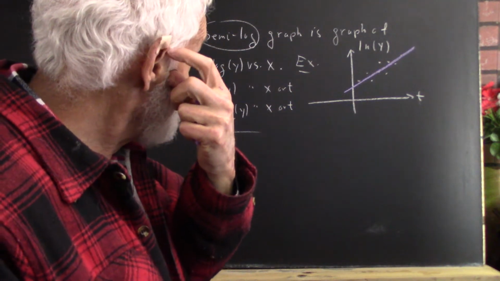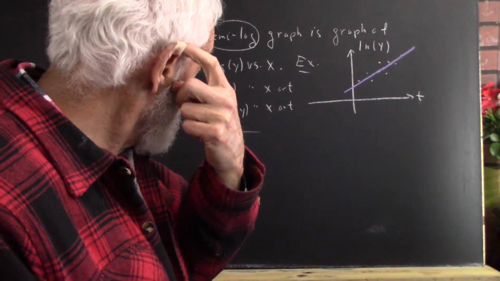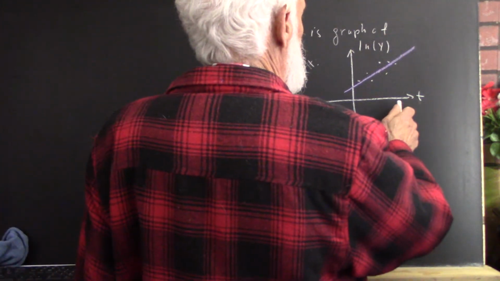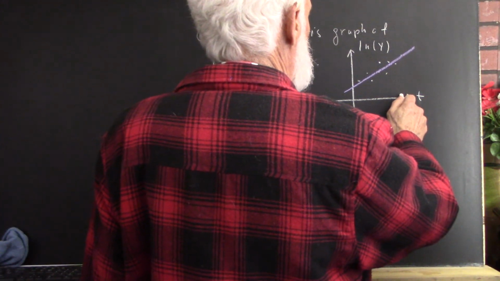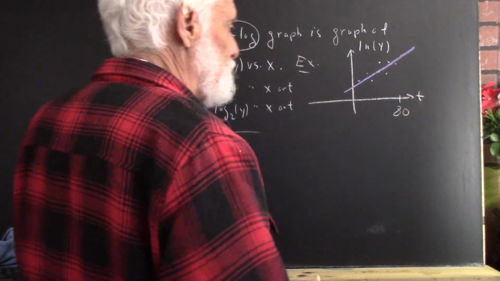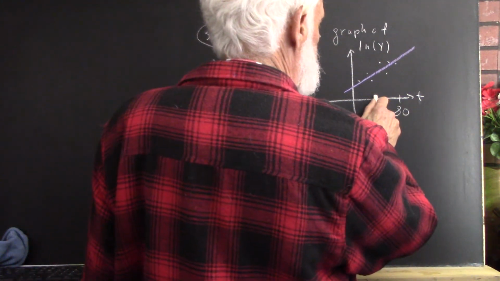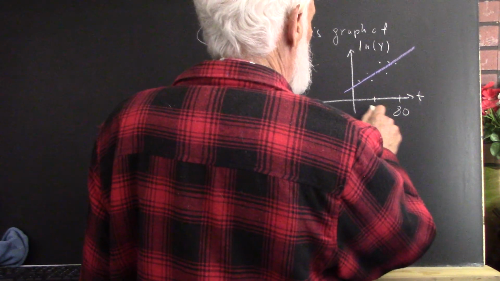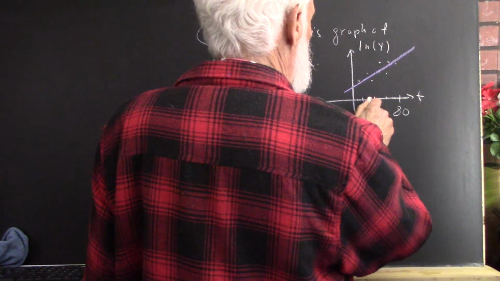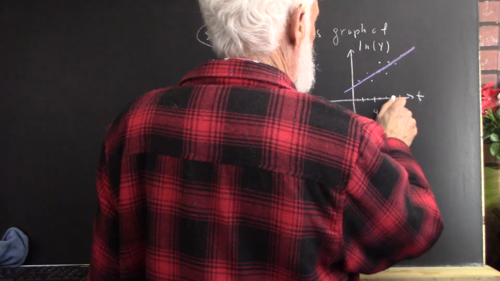Now let's say then that t has a scale that goes out to 80 days here. So that 40 would be here, 20 would be here, 30 would be here, 10, 30, 50 would be there.